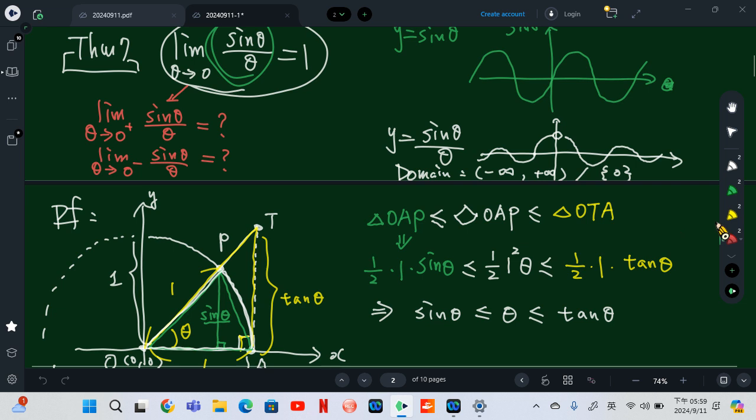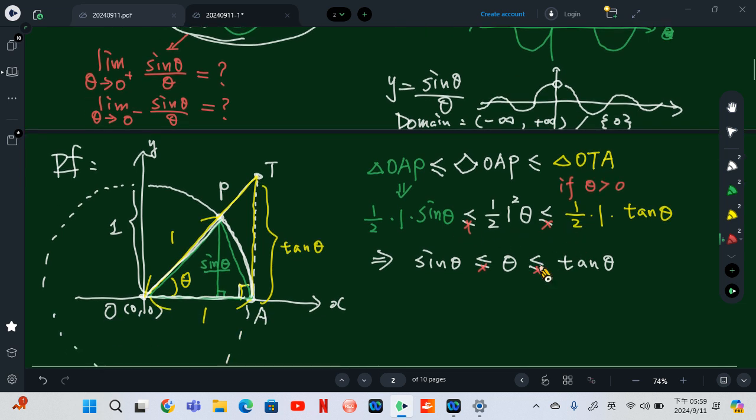So we will not consider this case if theta is positive. Normally we don't think about that. If equal, that means theta is equal to 0, so it's a very special case. But of course, if we want to use the sandwich theorem, it still works. So right now we can get the result just like this.